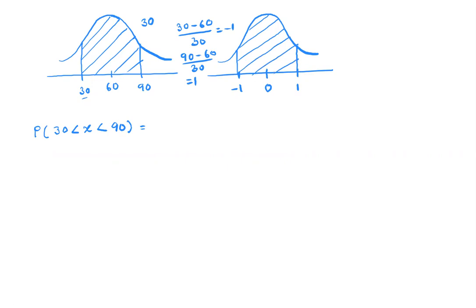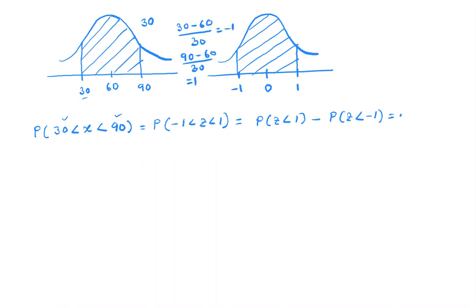So the probability that a randomly selected person spends between 30 and 90 minutes is the same as Z falls between -1 and +1, which, by the way, is the same as the probability of Z less than 1 minus the probability of Z less than -1.